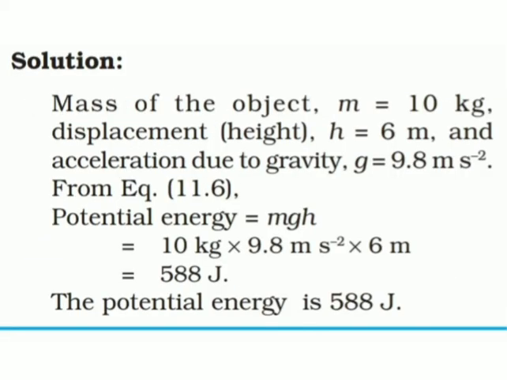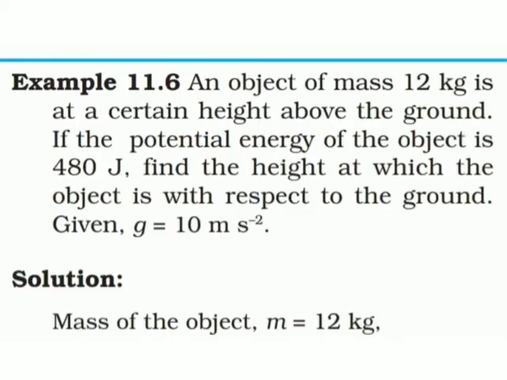Displacement or height h equals 6 meter and acceleration due to gravity g equals 9.8 meter per second square. Therefore, potential energy equals mgh. We substitute the values in the equation, then we get the potential energy equal to 588 joule.